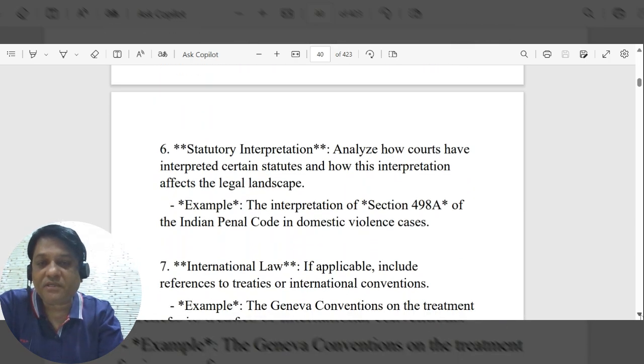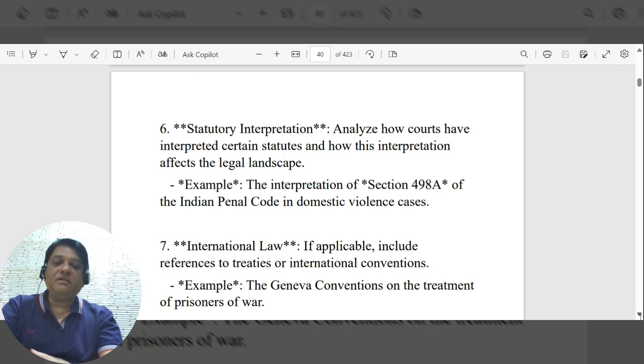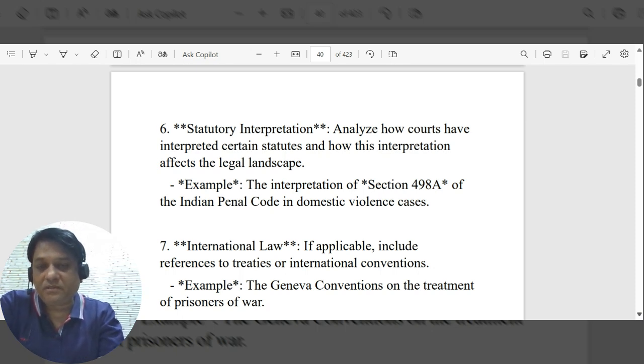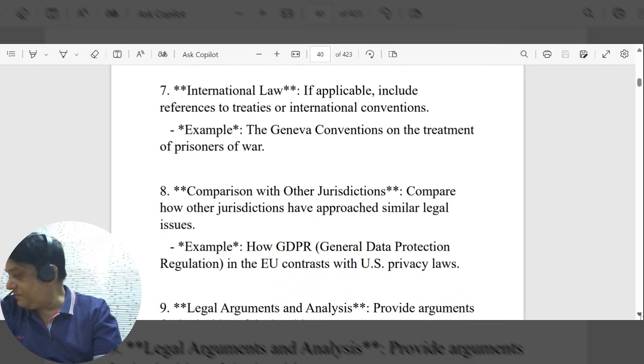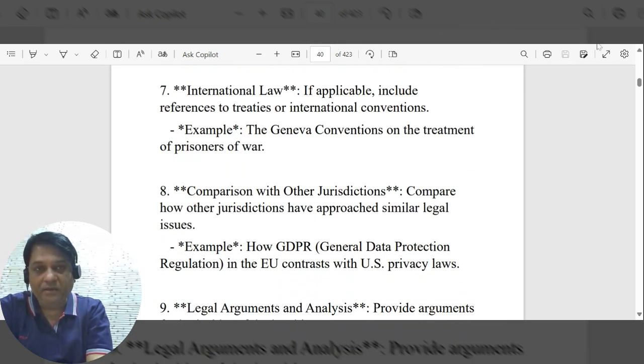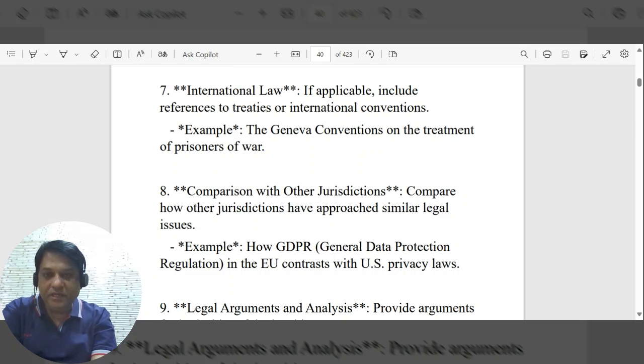Statutory interpretation, analyze how courts have interpreted certain statutes and how this interpretation affects the legal landscape. Example, the interpretation of Section 498A of the Indian Penal Code in domestic violence cases. International law, if applicable, include references to treaties or international conventions.